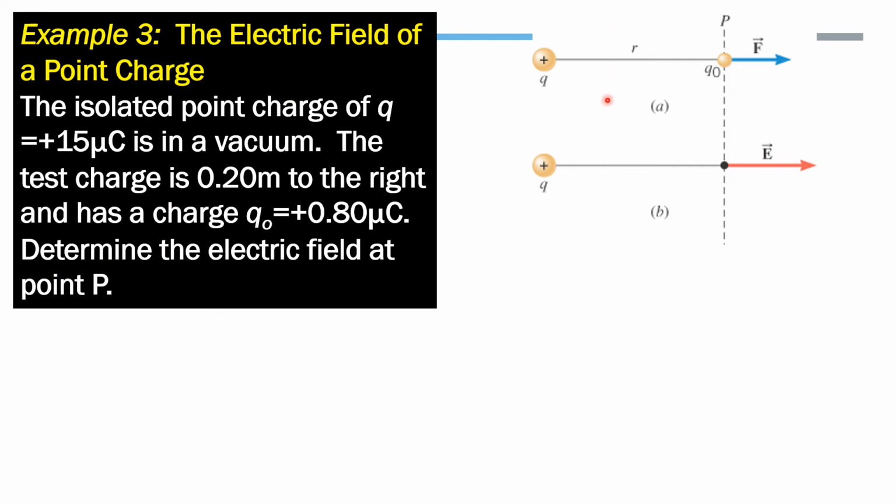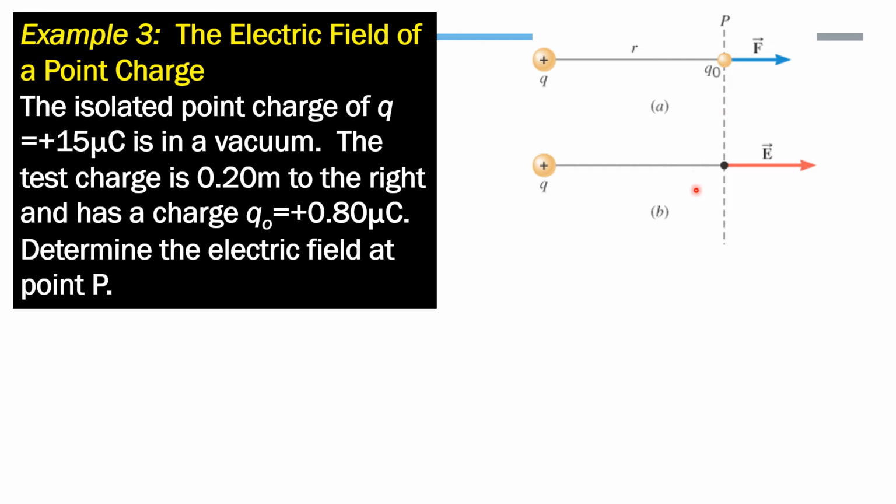So in our illustration, letter A, we have here the center charge Q with no subscript. It's positive. And to the right, a distance R, at point P, we have the test charge Q naught. And this test charge Q naught experiences a force F. Since the center charge is positive, then the force that the test charge experiences must be directed to the right.